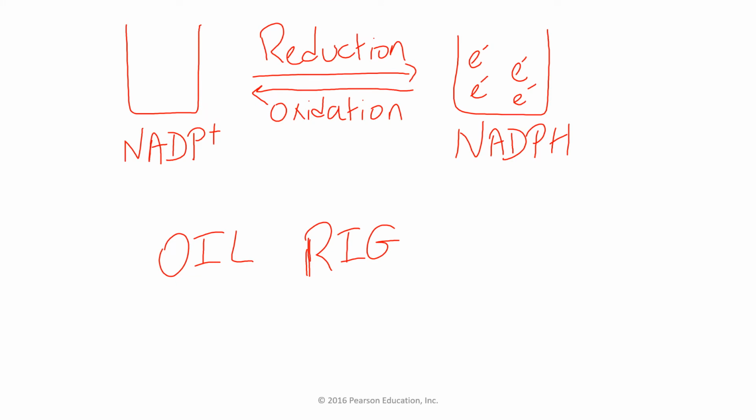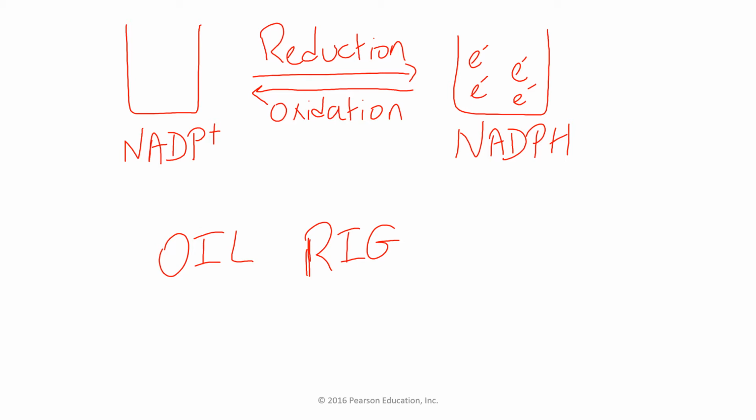So what is NADPH? It's a compound made up of phosphates and oxygens and nitrogens and hydrogens. To simplify it, think of them as buckets. Again, that's just an analogy. Think of them as buckets, and those buckets are carrying electrons. And we all remember that electrons have a negative charge.